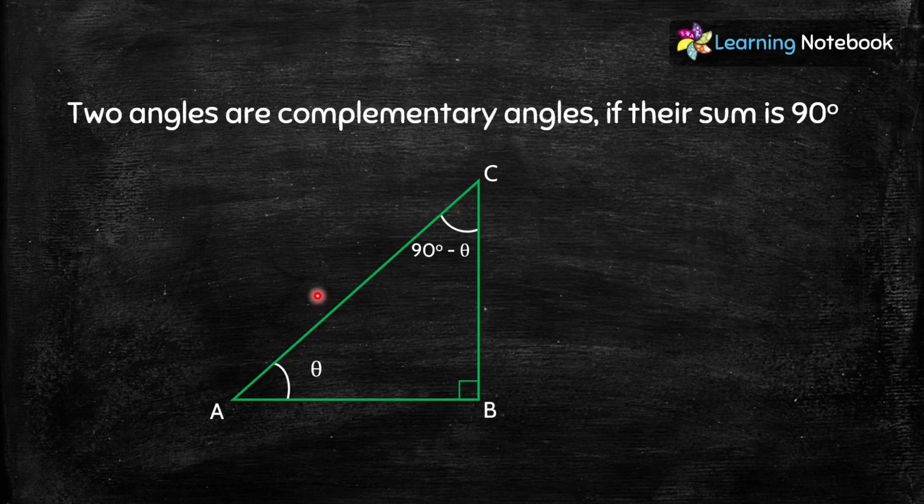Now, with respect to angle C, which side will be the base? Yes, BC. BC will be the base, AB will be the perpendicular and AC will be the hypotenuse. So let's find trigonometric ratios of complementary angle, that is 90 minus theta.